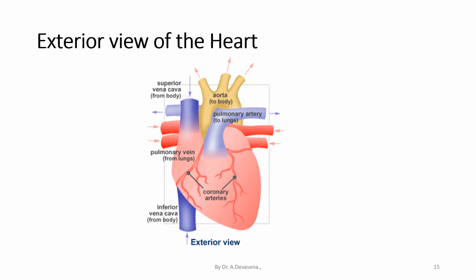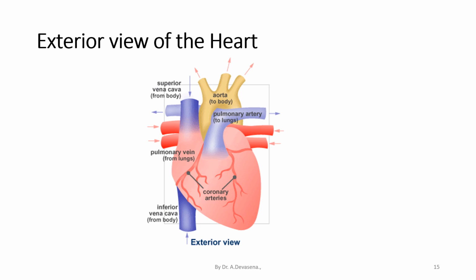Likewise, inferior vena cava collects the impure blood from the lower portion of the body and it pours the impure blood to the right atrium. And through the pulmonary artery, this impure blood is carried to the lungs where it gets purified.